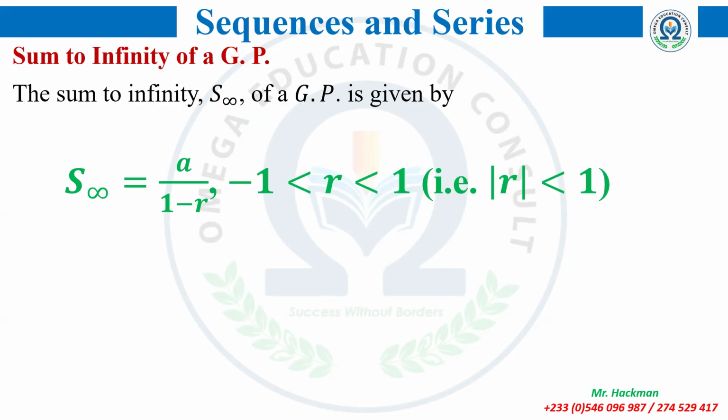However, in a GP, instead of a common difference, we have a common ratio. And whenever we mention ratio, what comes to mind? Fraction, very good. A number over another number, a quantity over another quantity.